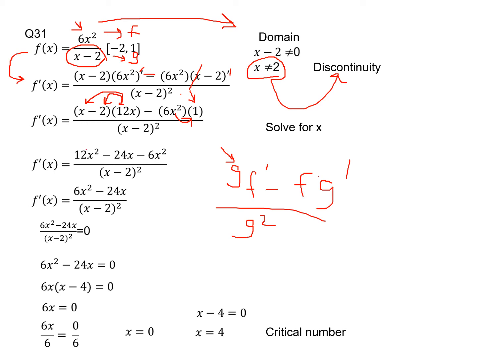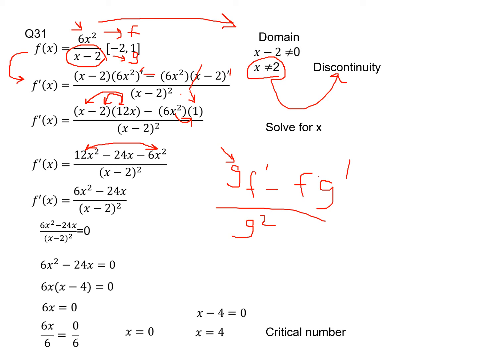Now look at the like terms: 12x square and 6x square. 12x square minus 6x square, you will get 6x square, and negative 24x you will write as it is. Now set the equation equal to 0 in order to find the critical numbers.